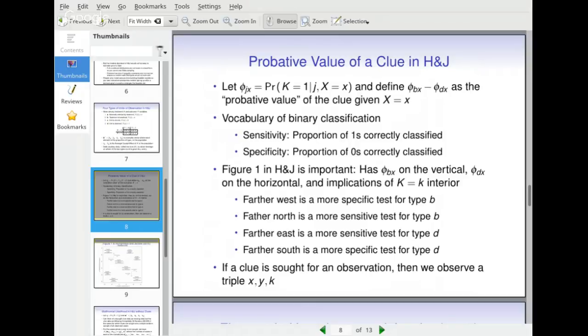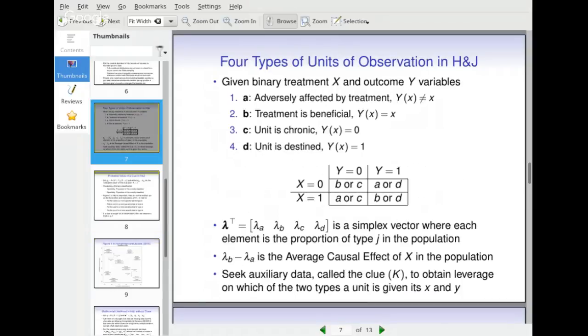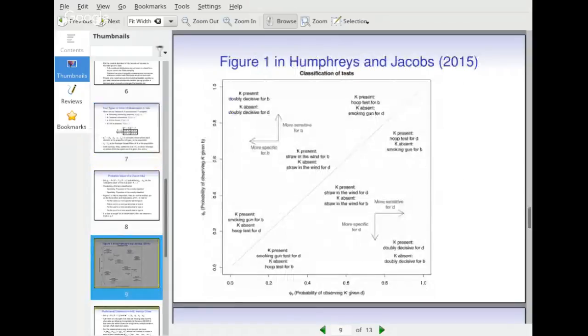So this idea of specificity and sensitivity is really just a concept, but depending on whether you go vertically or whichever direction you go in this, you get more sensitivity or more specificity. And if you manage to get up into the corners, then you get both. And so that's good for the purposes that you're trying to achieve.